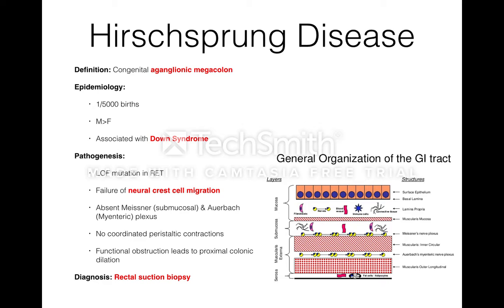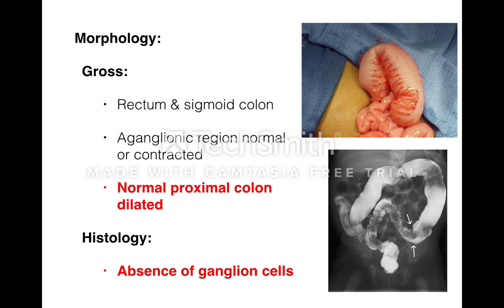To diagnose Hirschsprung's, a rectal suction biopsy must be performed to demonstrate the absence of ganglion cells in the rectum and sigmoid colon. On gross morphology, the aganglionic rectum and colon will actually appear normal or contracted, and it is in fact the normal colon proximal to it that gets massively dilated.